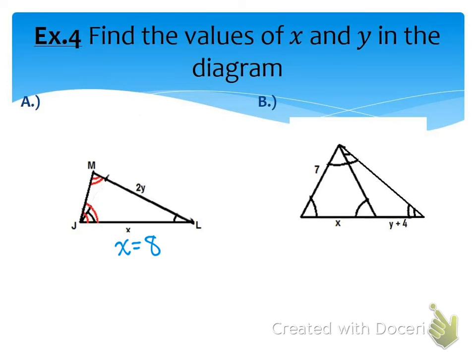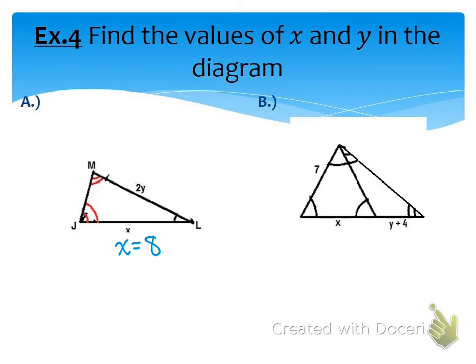Now, looking at this triangle that we have left, what type of triangle is it? Isosceles, because we've got these two base angles marked congruent to each other. So what could we set 2y equal to? 8. Or x, yes, because that's the side across from it.